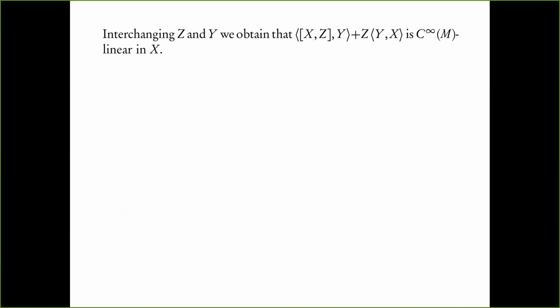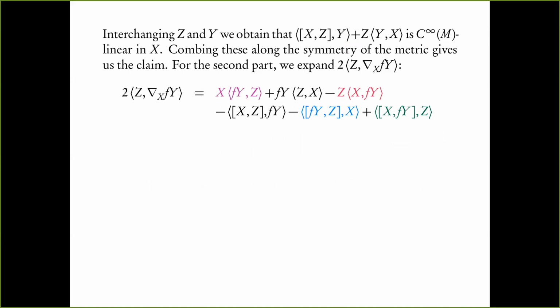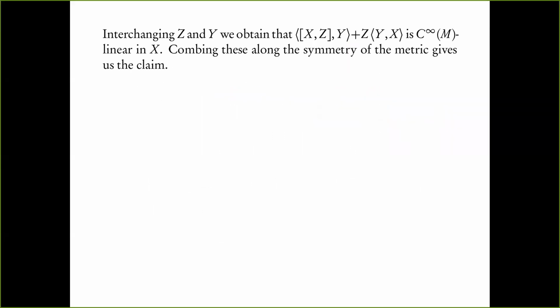So that gives you that this is C infinity(M) linear, and then we are done. Now if you combine the 6 terms, you see that things cancel out. 2 terms are individually C infinity(M) linear. The other 4 combine in blocks of 2 and they are C infinity(M) linear. So the whole thing is C infinity(M) linear in the variable x.